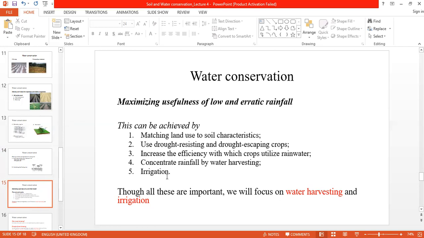Because in irrigation, you are controlling the amount of water that you add. You only add what the plant needs. You are not wasting. So this is how you can maximize the little rainfall that is coming through.